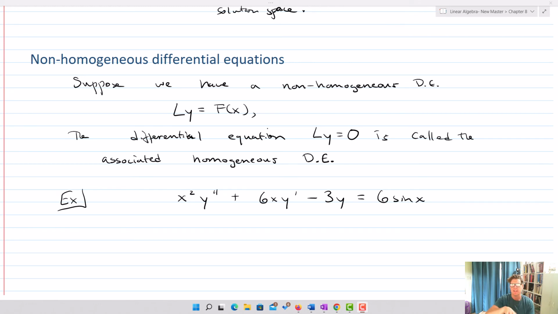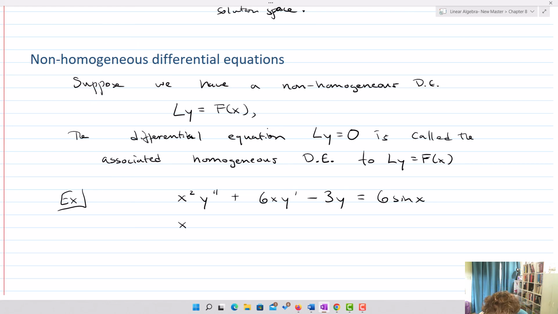The first is that we're going to suppose that we have a non-homogeneous DE, Ly equals f of x. So the differential equation Ly equals 0 is going to be called the associated homogeneous differential equation to Ly equals f of x. Basically, if we pull off f of x and set it to 0, that's our associated homogeneous differential equation.